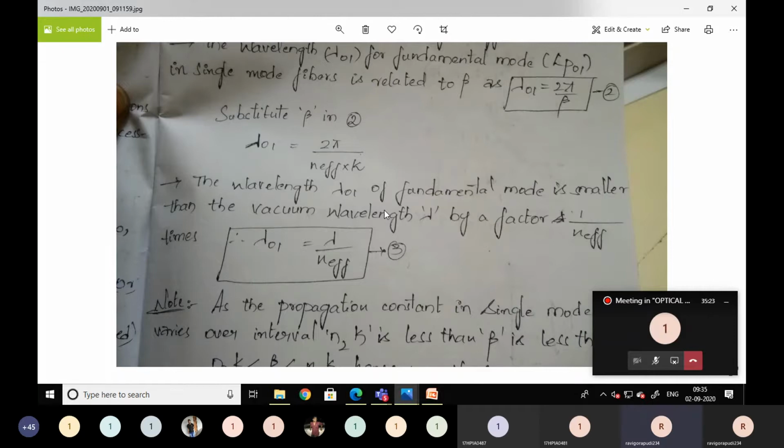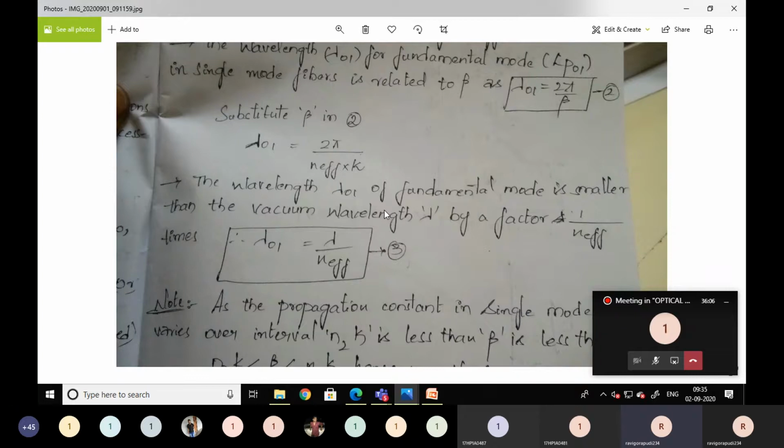Then the wavelength lambda 01 of the fundamental mode is smaller than the vacuum wavelength lambda by a factor 1 by N effective. The fundamental mode wavelength is smaller than lambda, that is the vacuum wavelength.